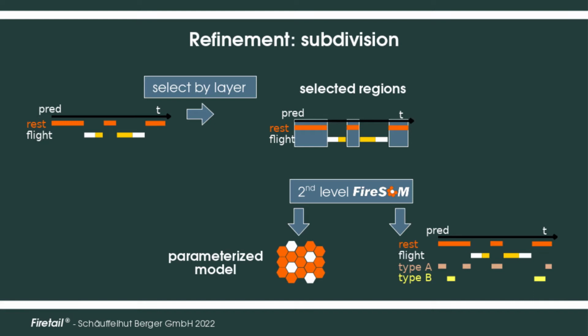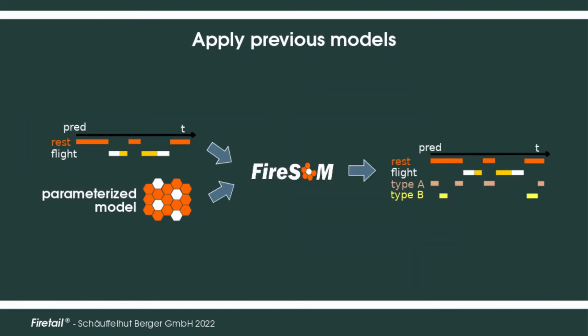And we also can, and this is new, predict other individuals, other animals, other tags via a previously parameterized model, stick it into FireSOM and get a prediction for this new tag, new animal, whatsoever you want to do.